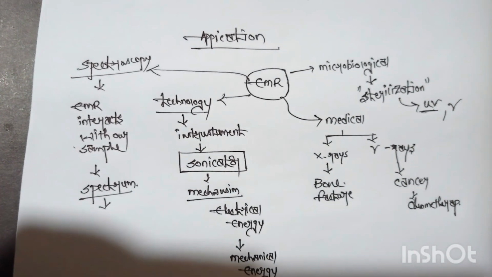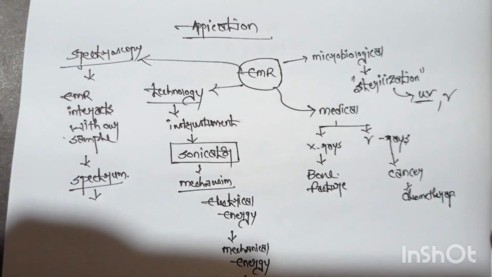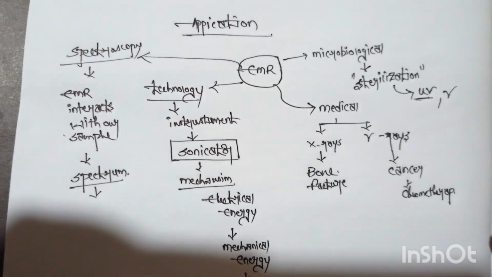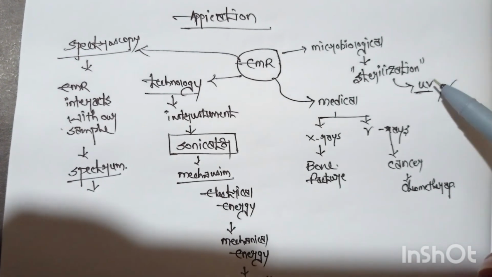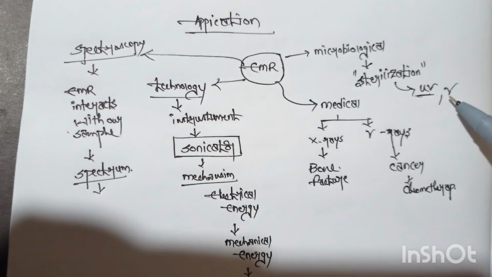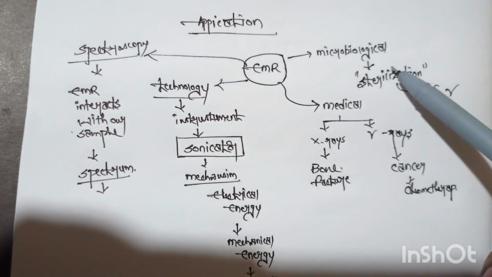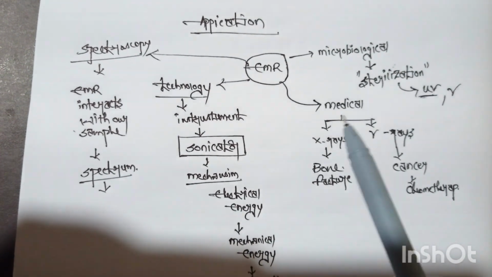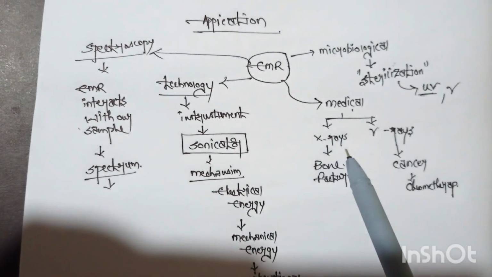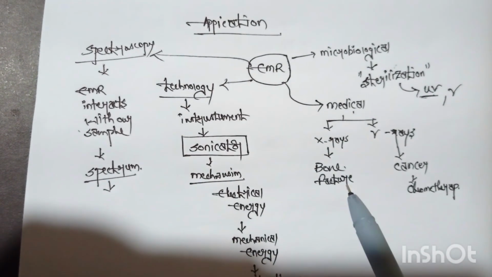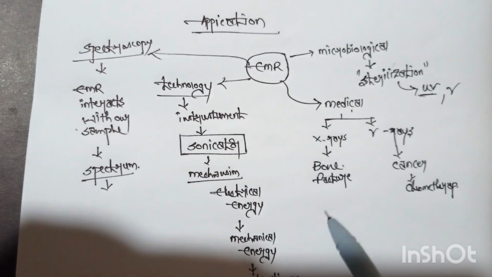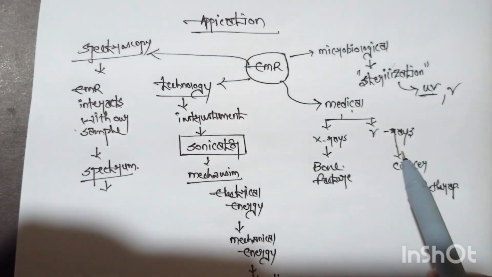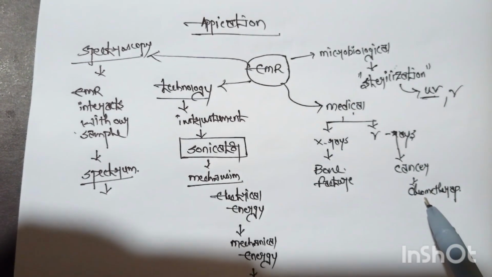Gamma rays are used to kill microbes. From a medicinal point of view, X-rays are used to determine bone fractures, and gamma rays are used in cancer treatment.